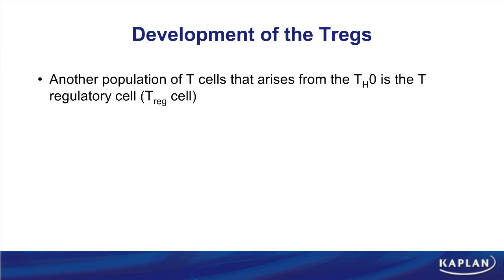Okay, with this particular slide, we're not trying to confuse you, but yet to remind you that there are other subsets of T cells, especially our CD4 positive T cells. Now, our Tregs are principally produced during the development of our T cells within the thymus, but we want you to know that they are also formed in the periphery to a lesser extent upon activation within a secondary lymphoid tissue.